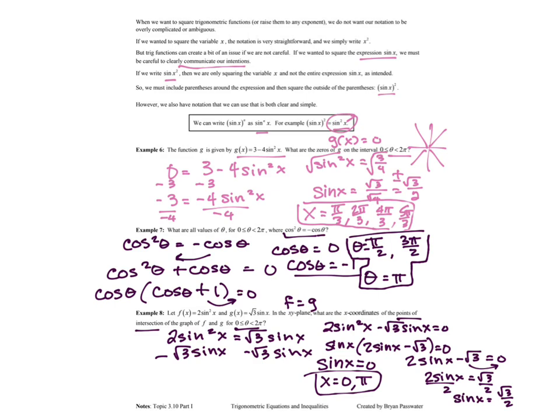So x must be, these are talls, right? Pi over 3 and 2 pi over 3. So this one had 4 solutions actually. 0, pi, pi over 3, and 2 pi over 3. Easy, he says. Easy.